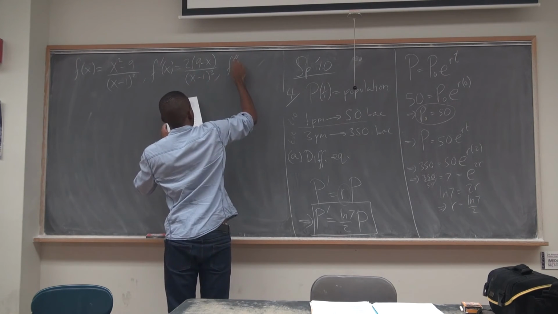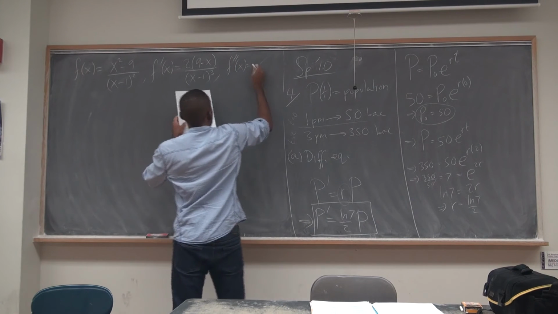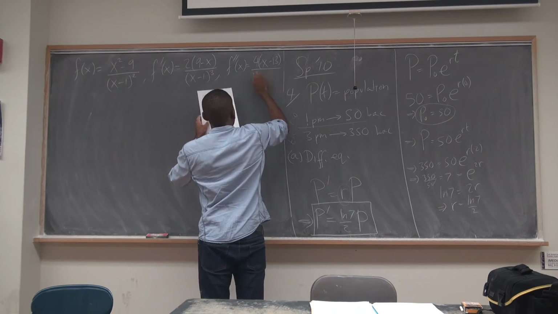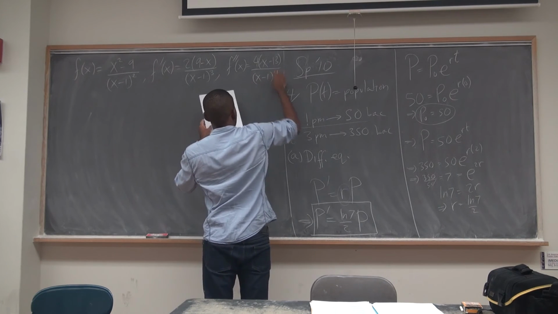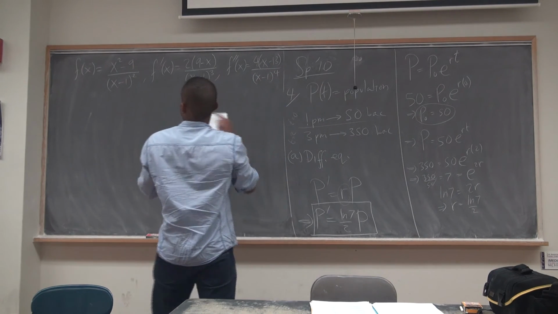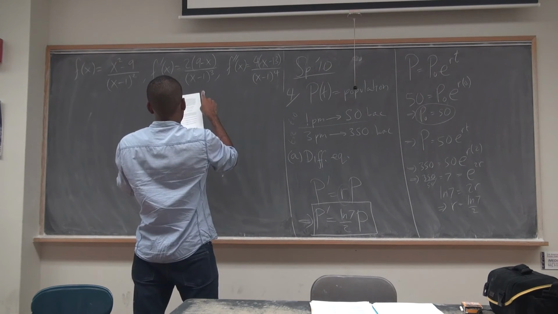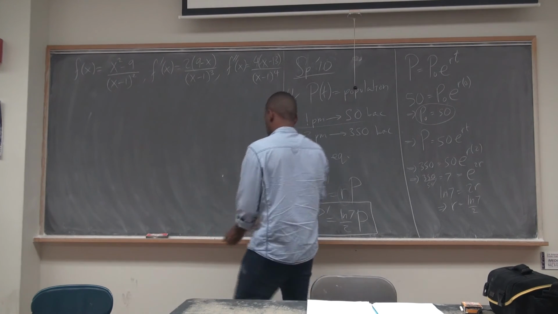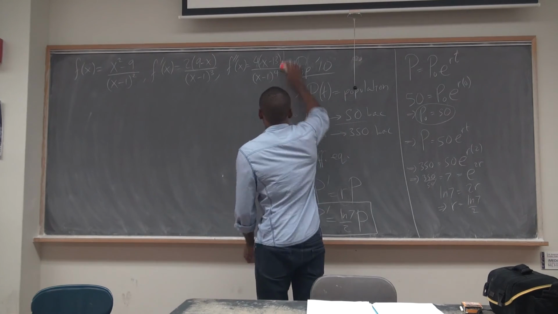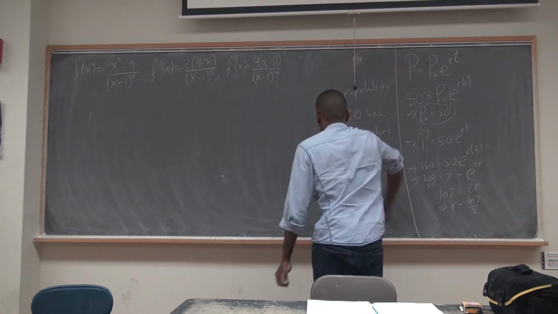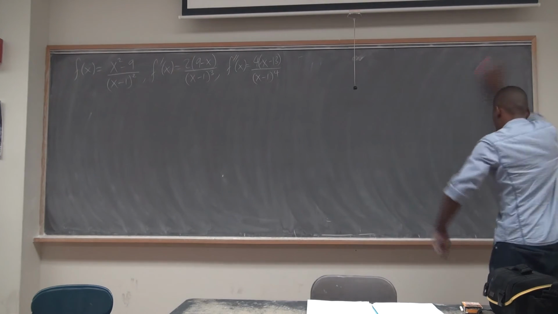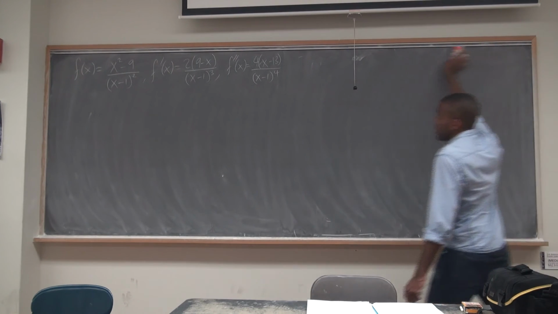And my f double prime was 4 times x minus 13 over x minus 1 to the fourth. Okay, so we're going to run through the steps. They never really ask us for a domain, but it's obvious here it's everything except x equals 1.